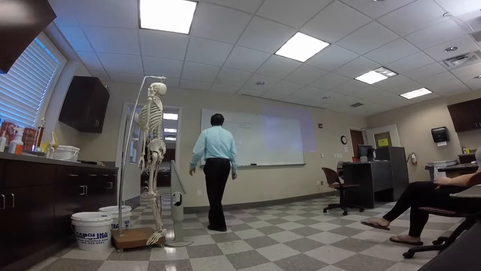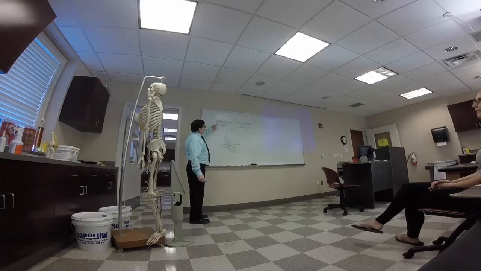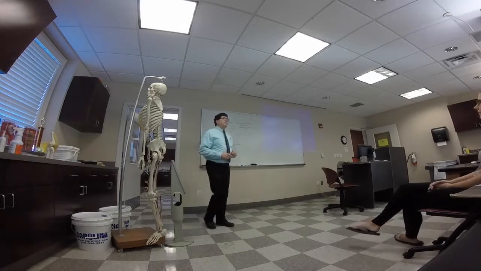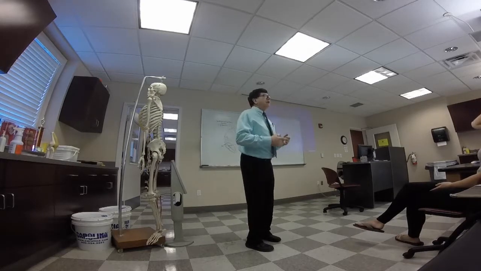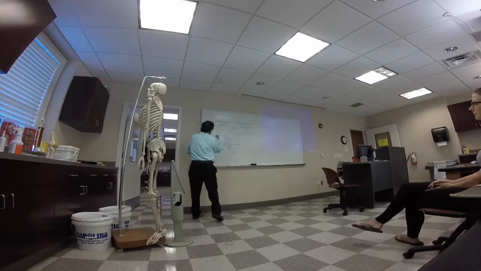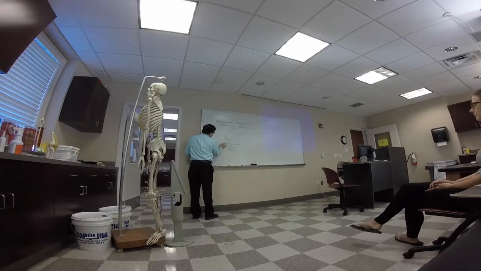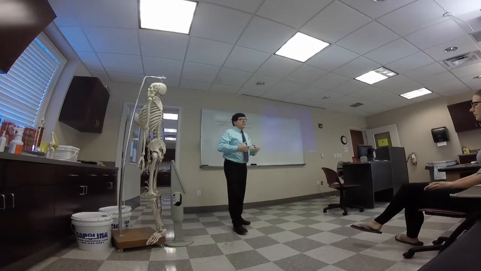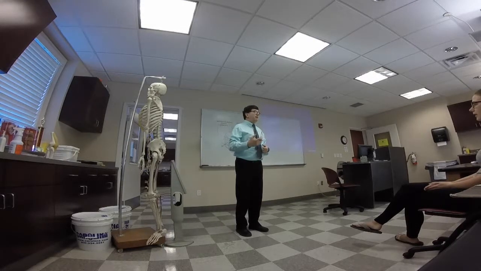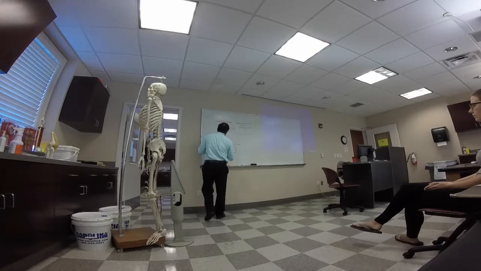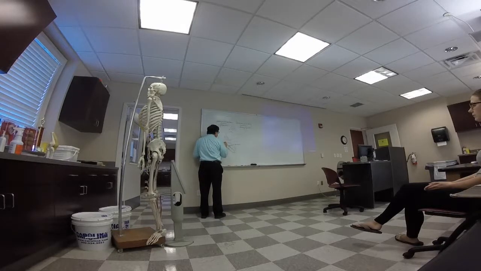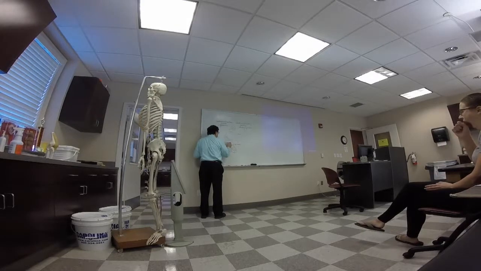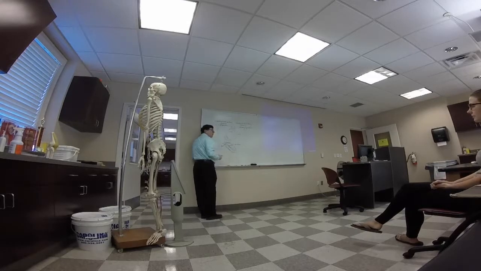Okay. Now, the cardioacceleratory center. Okay, remember this is the sympathetic component. This is going to send efferent fibers down to the SA node. Okay, these efferent fibers will release norepinephrine. Norepinephrine is going to bind to beta-1 adrenergic receptors to speed up the heart rate.